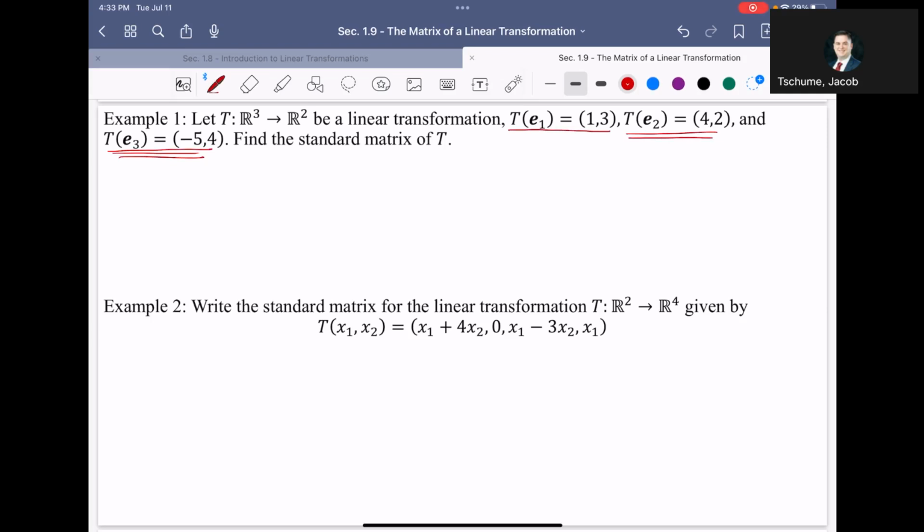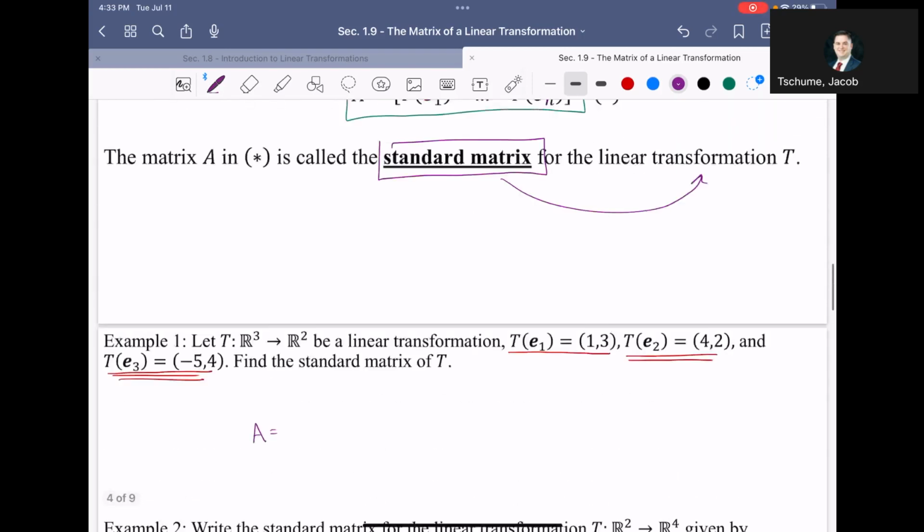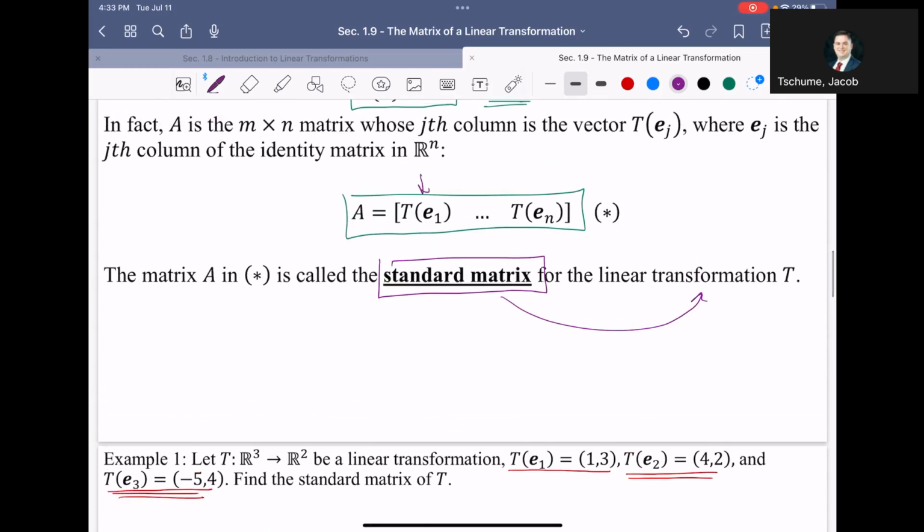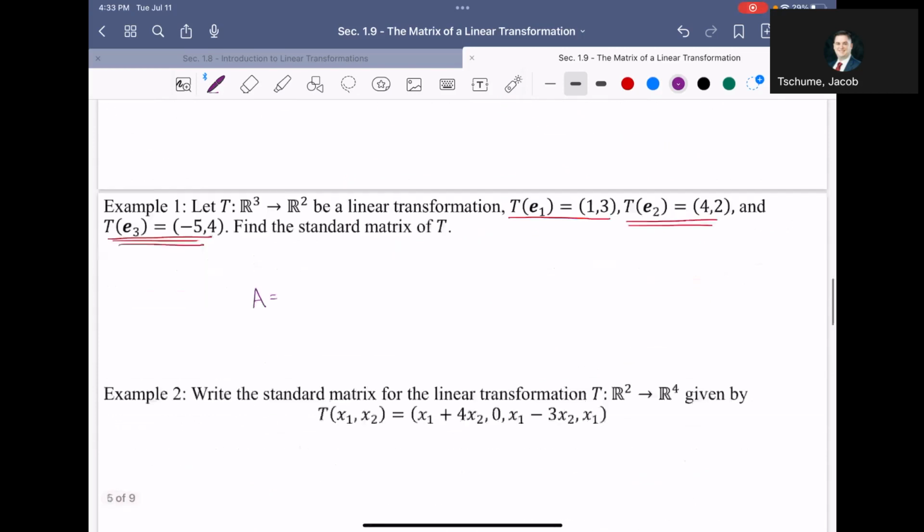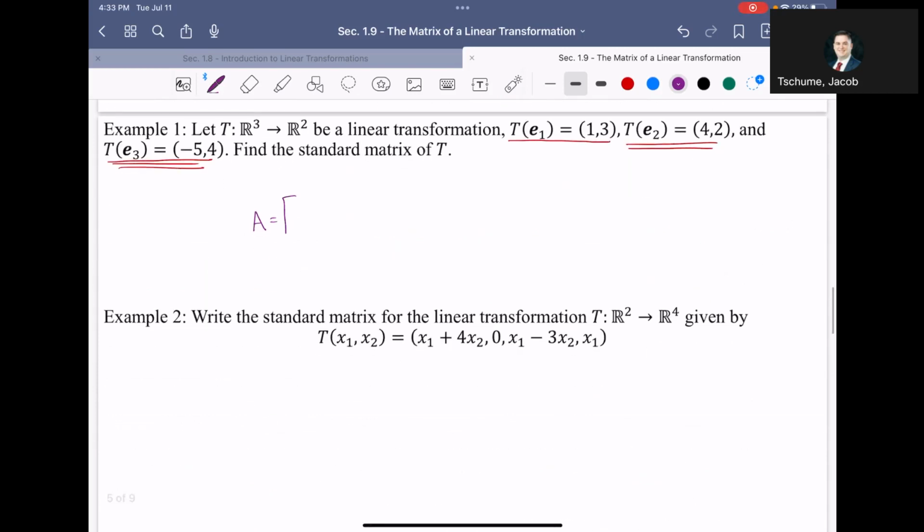So now what you will notice is that if you want to write your standard matrix A, remember when you act a transformation on E, which remember E is the columns of the identity matrix, you are generating the columns of A. Let me go back real quick to the definition. Each of these represent columns of your standard matrix A. So when I go to write A, when it says that T of E1 is 1, 3, that's not a row.